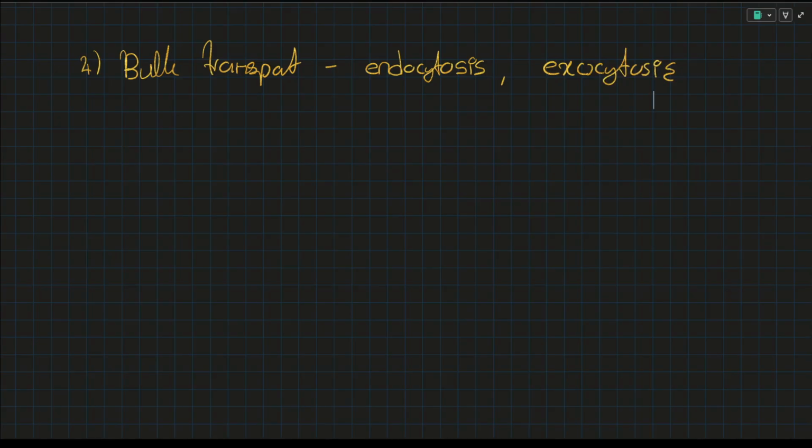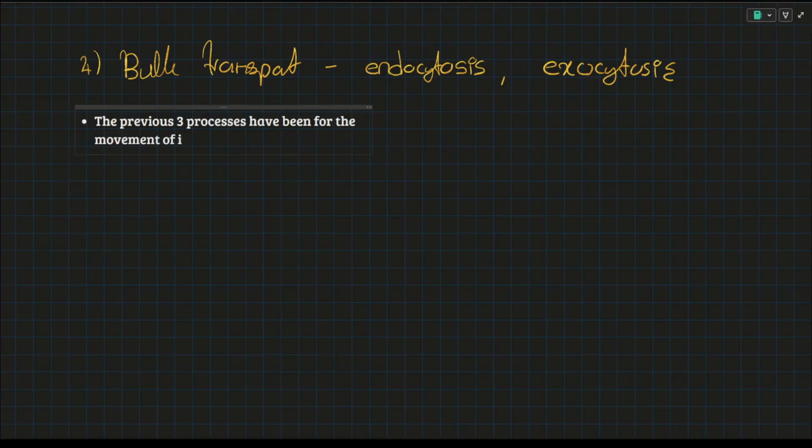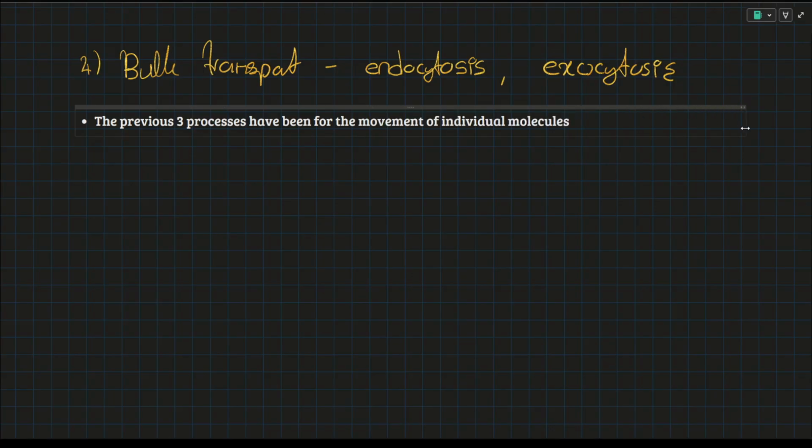Now, let's start off with a few introductory points because this is a new part to you. We talked about 3 methods before. Like I said, we have been moving individual molecules.